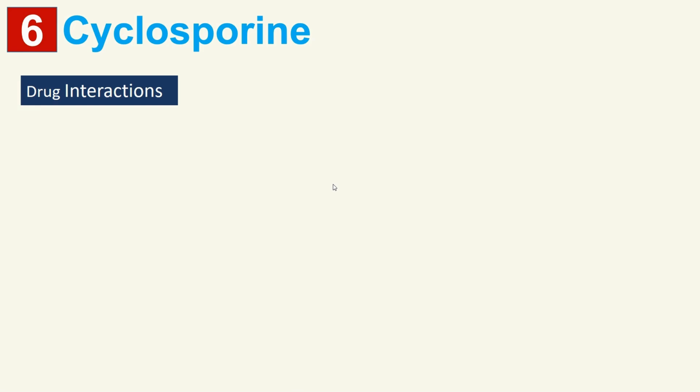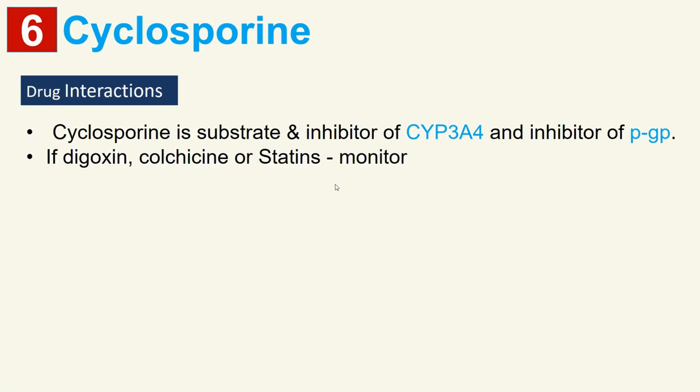This is also known to have severe drug interactions because cyclosporine is a substrate and strong inhibitor of CYP3A4 and also an inhibitor of P-glycoprotein. So it is often involved in drug interactions with commonly used drugs such as statins, digoxin, and colchicine. The digoxin interaction comes from P-glycoprotein, a transporter in the cells that helps efflux drugs from inside the cell to outside.